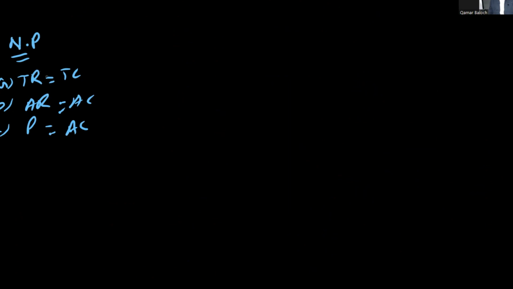In business studies, when total revenue is equal to total cost, we generally say that it is a break-even point, meaning no profit, no loss. But in economics, we say that it is a normal profit.